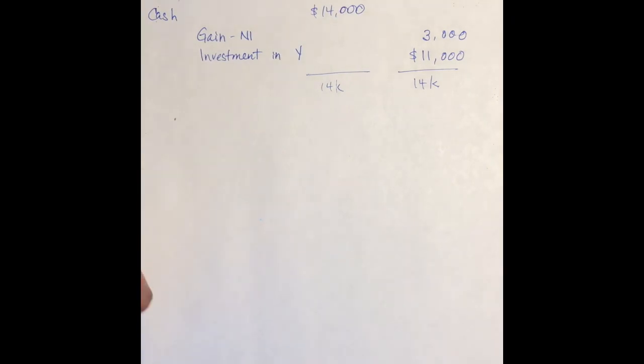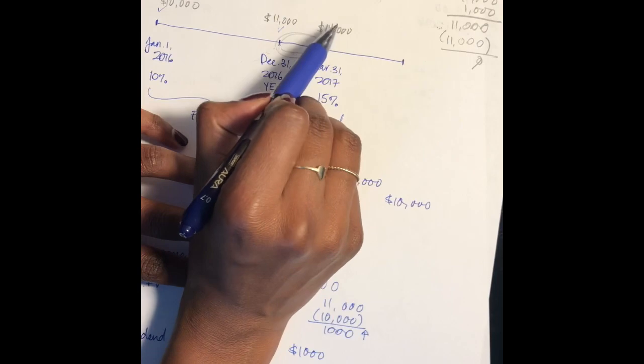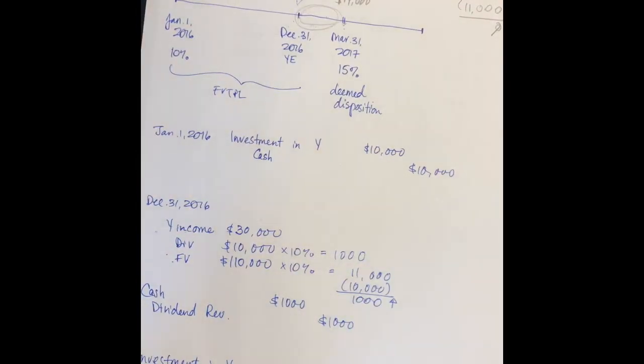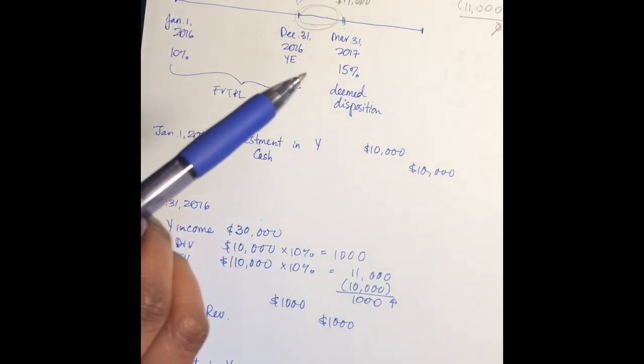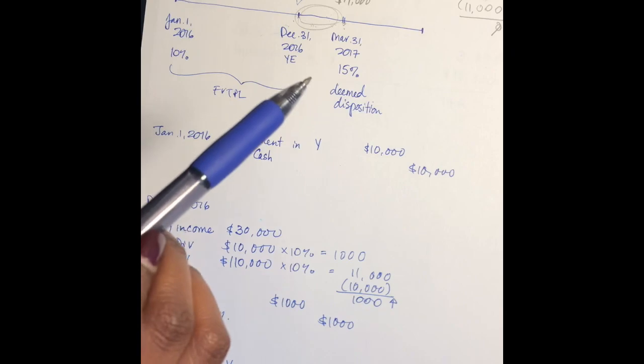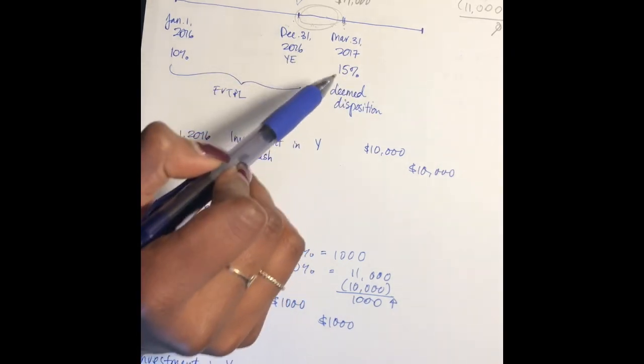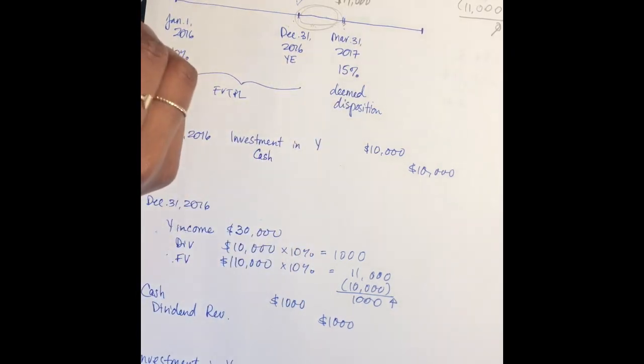Okay? Now that you've done that, now that you booked this entry, what you're going to go back and do is you're going to now acquire the 25%. Okay? If you understand what's going on here, basically, you're getting rid of the 10%, right?